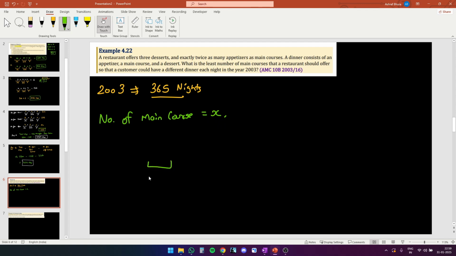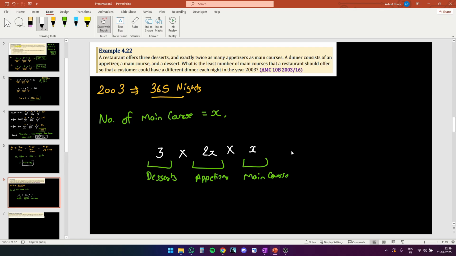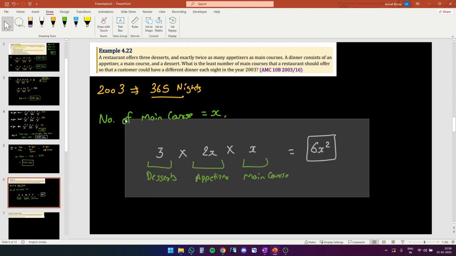I need to select a dessert, I need to select an appetizer, and I need to select a main course. For dessert, how many choices do I have? I have 3 choices for dessert. For appetizer, how many choices? Twice as many as main course, so 2x. And for main course, how many choices do I have? x. So this becomes 6x squared.